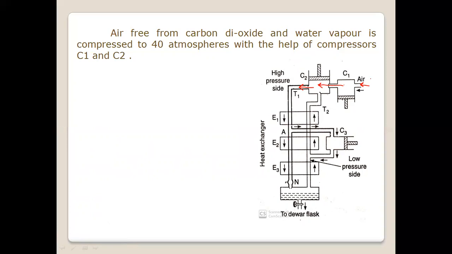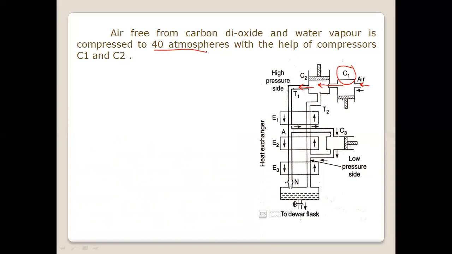At the C1 compressor, we apply nearly 40 atmospheric pressure. By applying this pressure, in the Joule-Thomson effect, or the porous plug experiment, due to the large pressure difference the temperature changes very strongly.